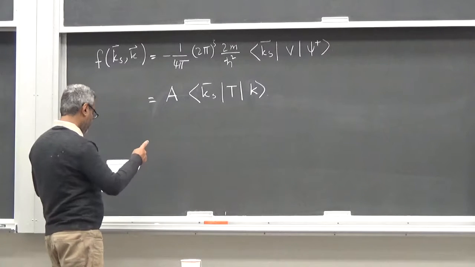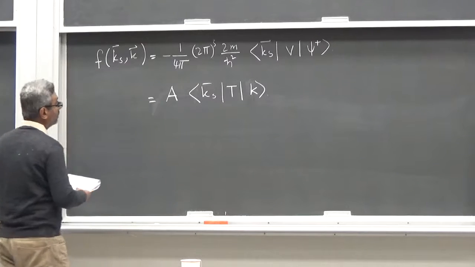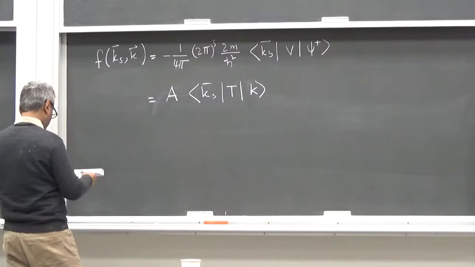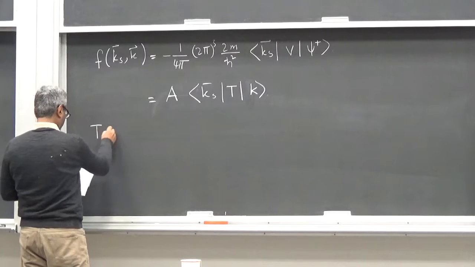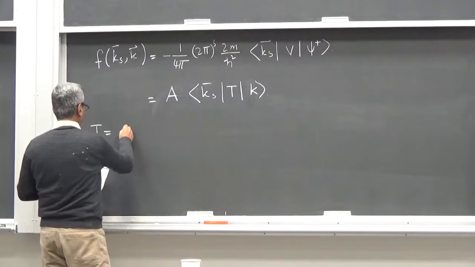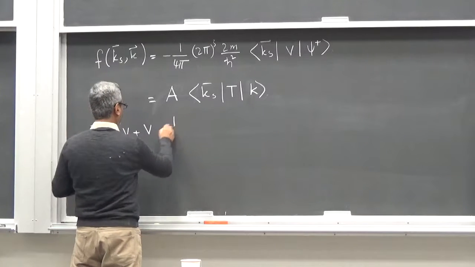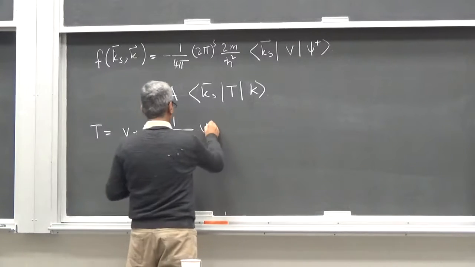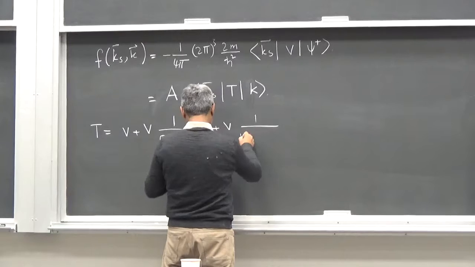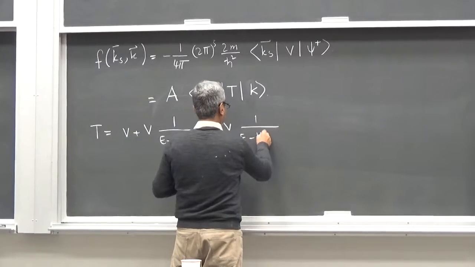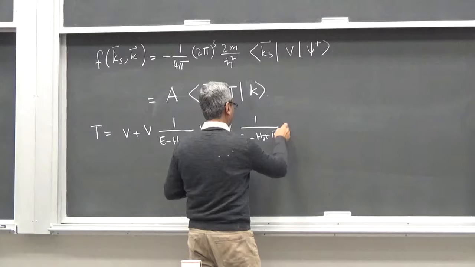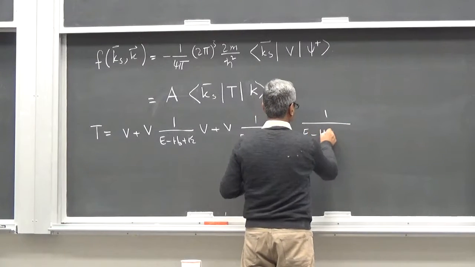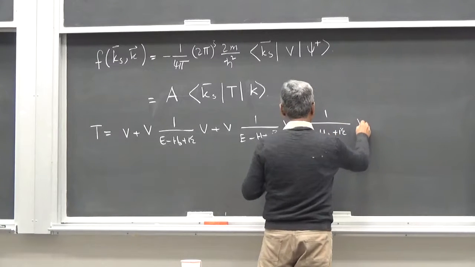So an iterative solution for t, if you look up there, just keep on putting back. For t, you will get an iterative solution: t is equal to v plus v over e minus h naught plus I epsilon v plus v1 over e minus h naught plus I epsilon v1 over e minus h naught.